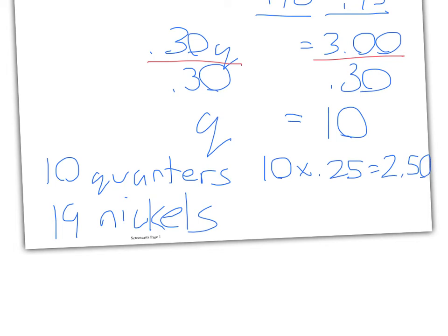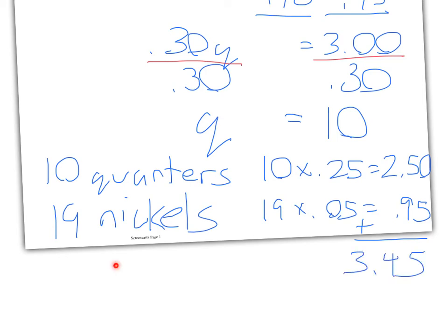And if you have 19 nickels, that's 19 times 0.05. How much cash do you have? Yeah, that's right, only 95 cents, because if we had 20, you'd have $1. Well, what is $2.50 plus 95 cents? You guessed it, $3.45. So we got the answer right. 10 quarters, 19 nickels, we know for a fact is the answer.